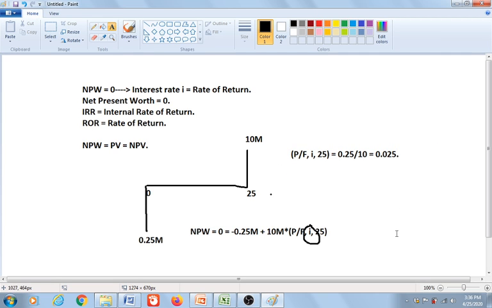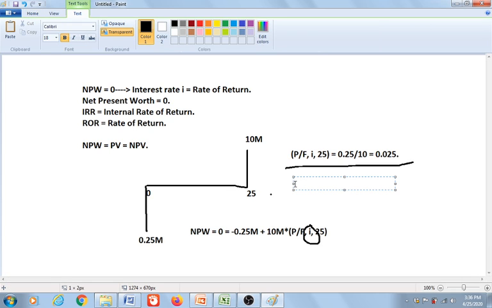There are three ways to solve this equation. Number one, we use the P over F equation. Remember, P over F, we are calculating P and we know F. That means 1 plus I to the power of minus 25 equals 0.025.